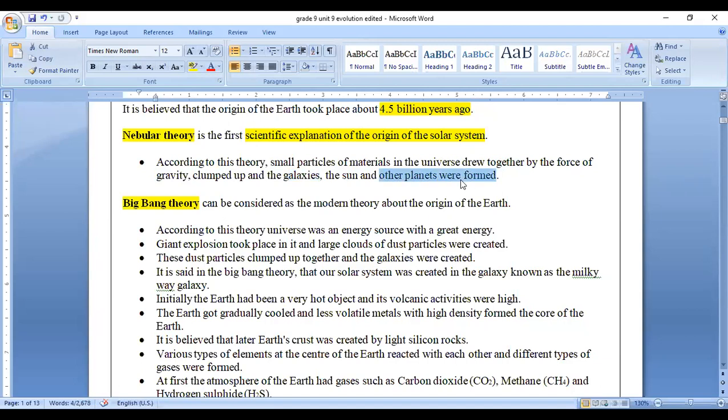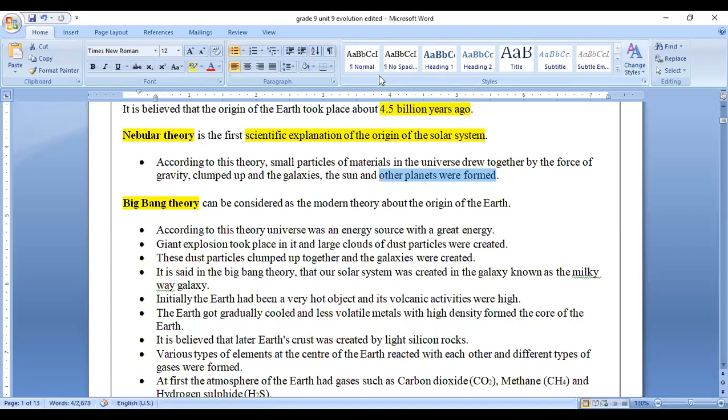That's all the story. Very simple story for your syllabus. Small particles of materials in the universe are pulled together by the force of gravity and joined together. Okay, and by that joining, what are the components produced according to the syllabus?